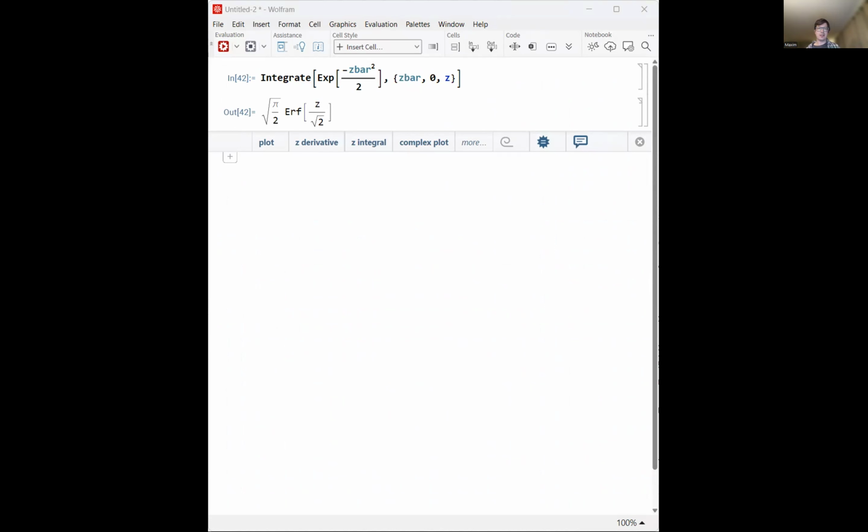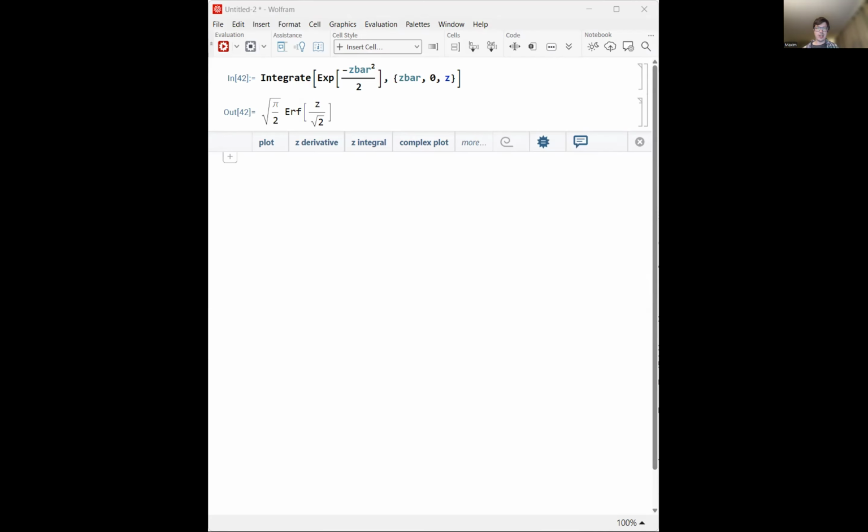So in the end, the solution is C of z is equal to W0, some constant, and maybe I'll call it some other name now that we've absorbed the square root of pi over 2 in it. I'm just going to call it some constant A. It's a constant to be determined by your boundary conditions.